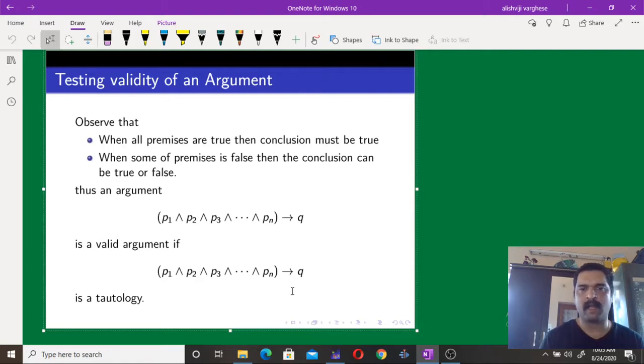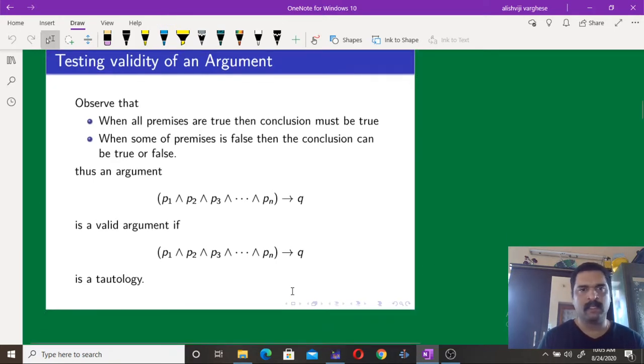That means we don't have to form the entire truth table of the argument and check whether the implication is a tautology or not. That's another method. We just construct the truth table of the left hand side and right hand side, the premises and conclusion, and observe whether whenever P1, P2, etc. are true, Q is also true or not.